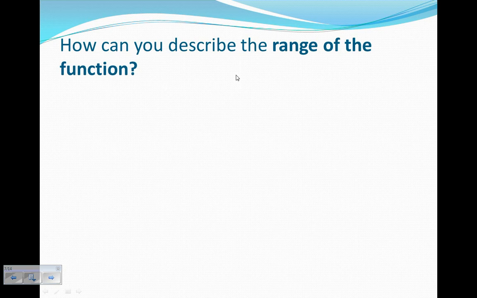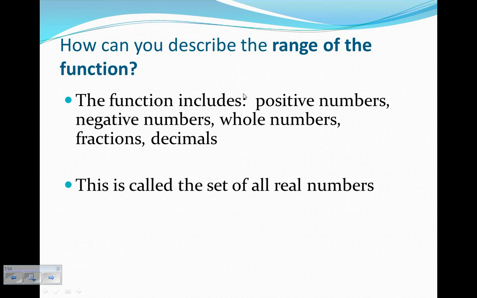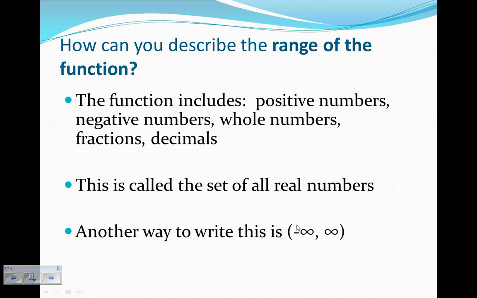It's how it goes up and down. Remember, range is up and down. Again, it's all the positives, all the negatives, whole numbers, fractions, decimals, all of that. When they ask you to describe the range of a function, you are going to write all real numbers. Or you could see it written as negative infinity to positive infinity.